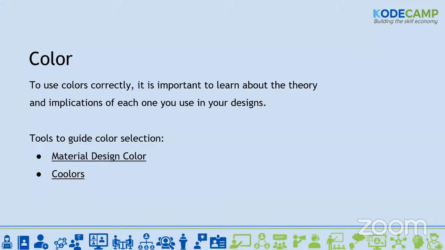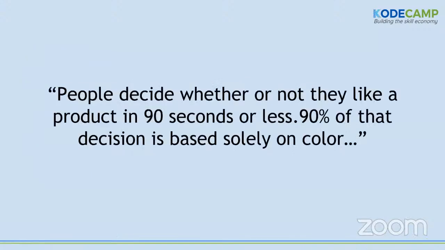Just like I said before, okay, let me go back to that quote. People decide whether or not they like a product in 90 seconds. So I'm going over these products. In 90 seconds of looking at this product, this is where I get to decide if I like it or not because of the color.